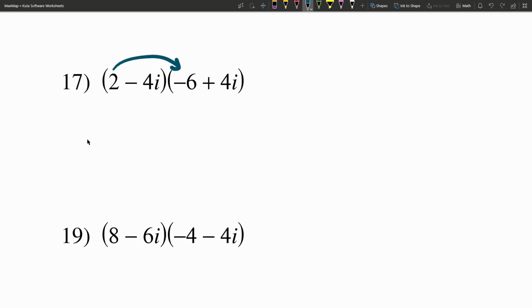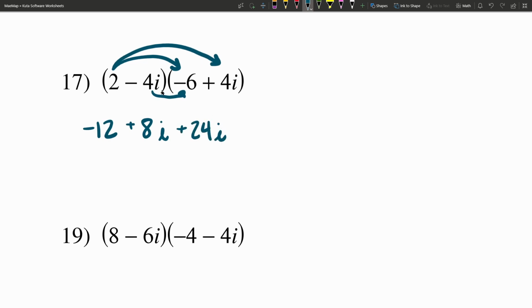So 2 times negative 6 is a negative 12. 2 times 4i is going to be a positive 8i. Negative 4i times a negative 6 is going to result in a positive 24i. And then lastly, negative 4i times 4i is going to be, well, subtracting a 16i squared.